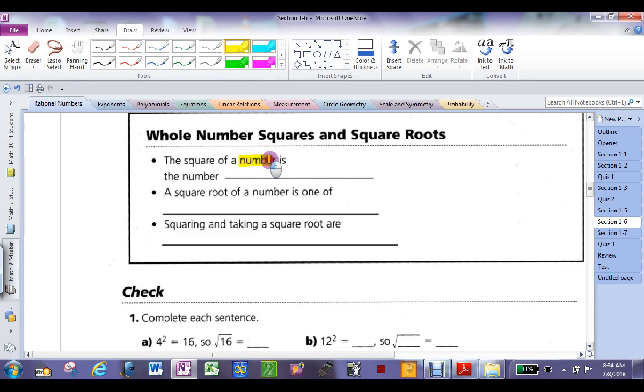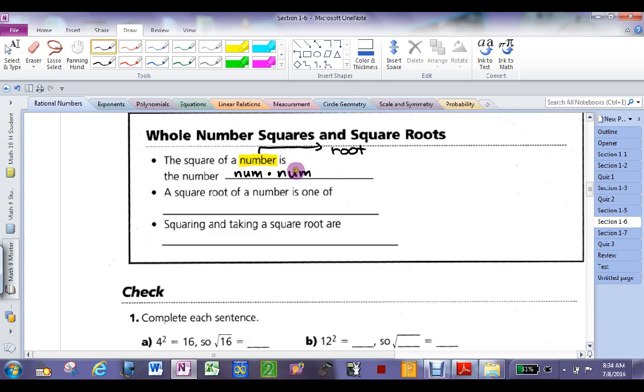This number, that is the root. So if you were going to take the square of any number, it is the number times the number. It is the number times the number.